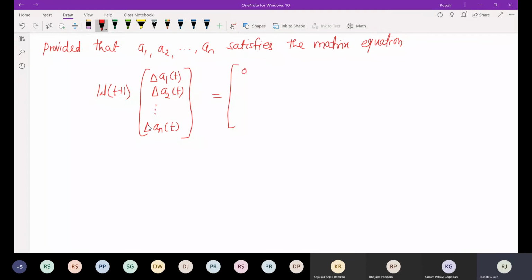First one is 0, second one is 0, and the last one is R(t) upon Pn(t). Is that okay?